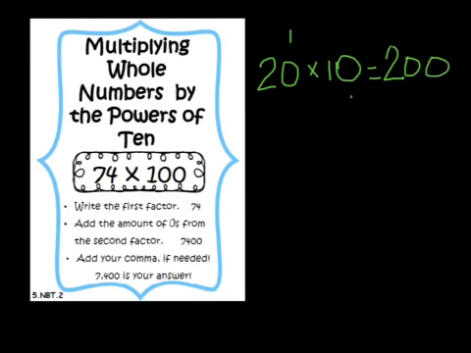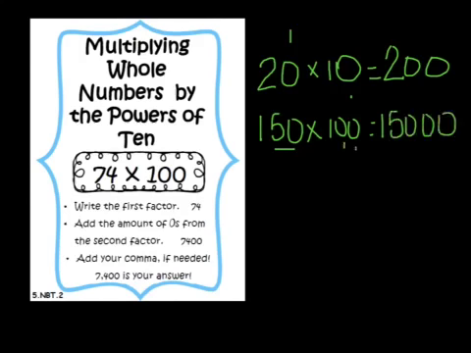So if you have 150 times 100, you would write 150 and count 2 zeros, and so that would be 15,000. So don't get confused if there's a 0 in the first factor.